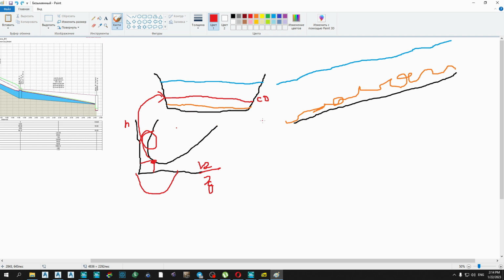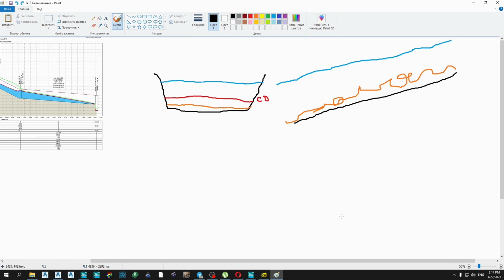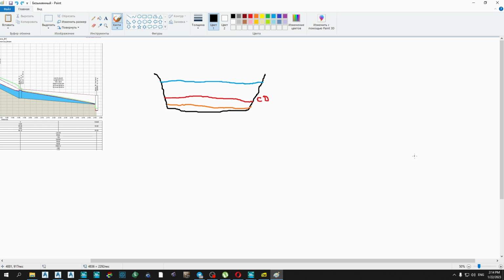When we have a supercritical flow, we have most kinetic energy, and on the subcritical blue line, we have very big potential energy.